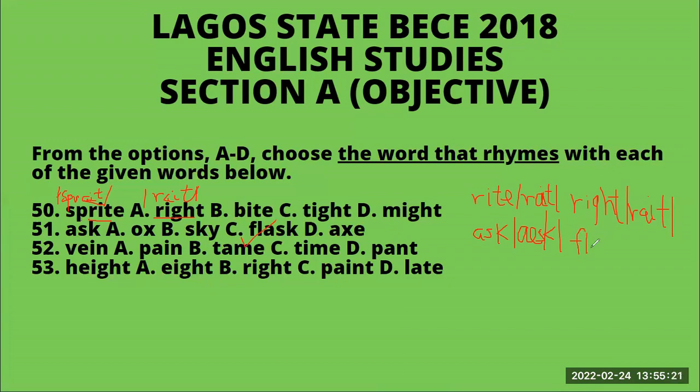When you remove FL, then you have "ask." Now take note of it. You see, when you remove this FL, then you have the same sound that you have in "ask." So the transcription is FL, then we have the same sound.